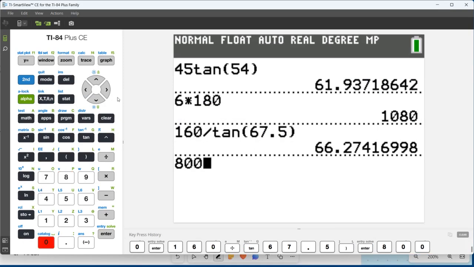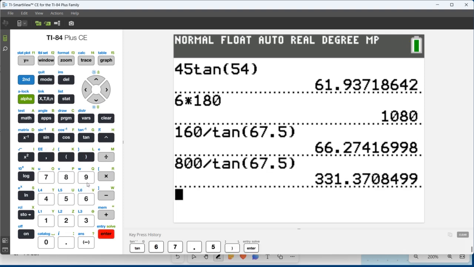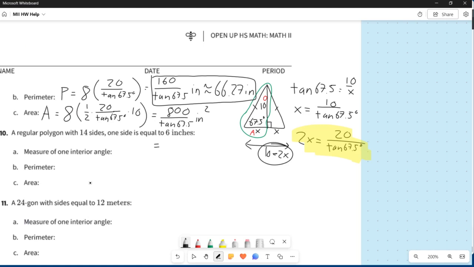So 800 divided by tangent of 67.5, close parentheses. We end up getting 331.37. So this is approximately 331.37 square inches. And so our exact answer is up top, and our approximate answer is on the bottom.